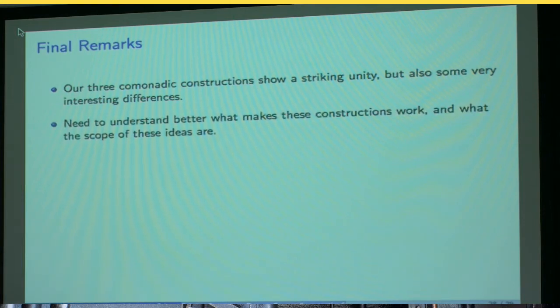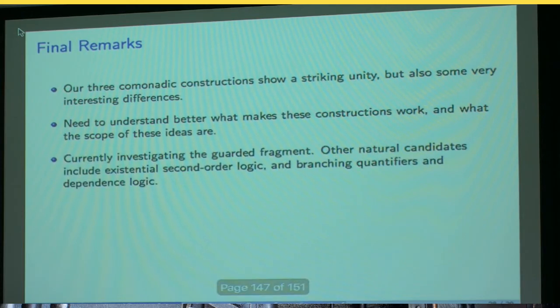So we need to understand better what makes these constructions work and what the full scope of these ideas is. There are some natural extensions to other kinds of logic, many of them involving reaching into second order logic, which plays an important role in the logic and algorithmic world.